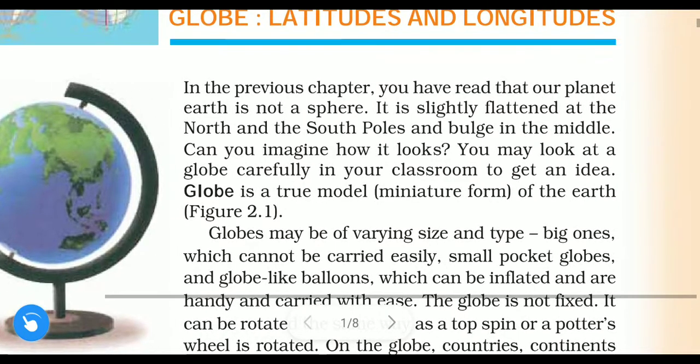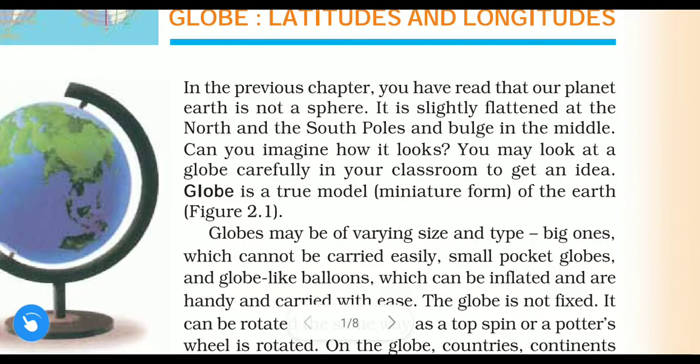After that, can you imagine how it looks? You may look at a globe carefully in your classroom to get an idea. If you want to imagine how Earth looks, you can just look at the globe which is in your school or classroom.